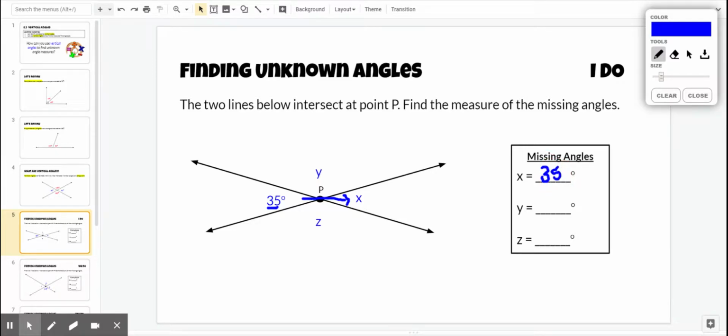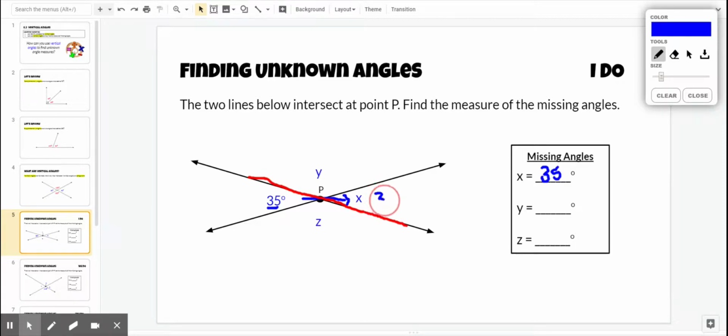Now remember I told you earlier we're going to have to use our relationship of supplementary. Let me show you really quickly here. This is a perfectly straight line here, right? If you tilt your head a little bit to the right, you can see that this is a perfectly straight line, which means it's 180 degrees.